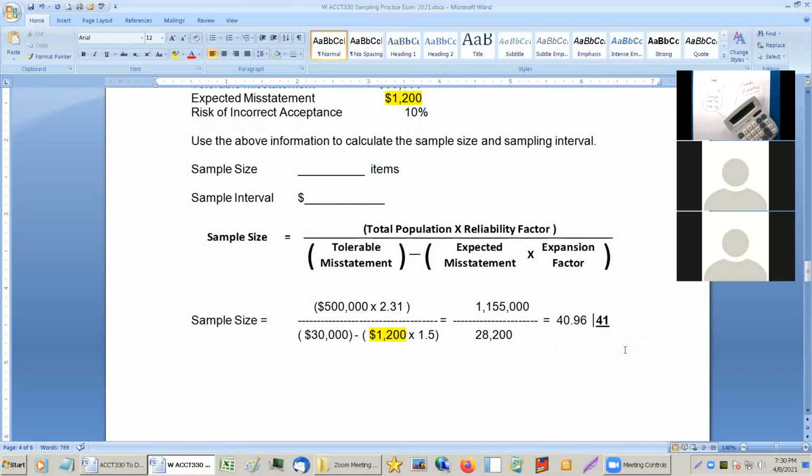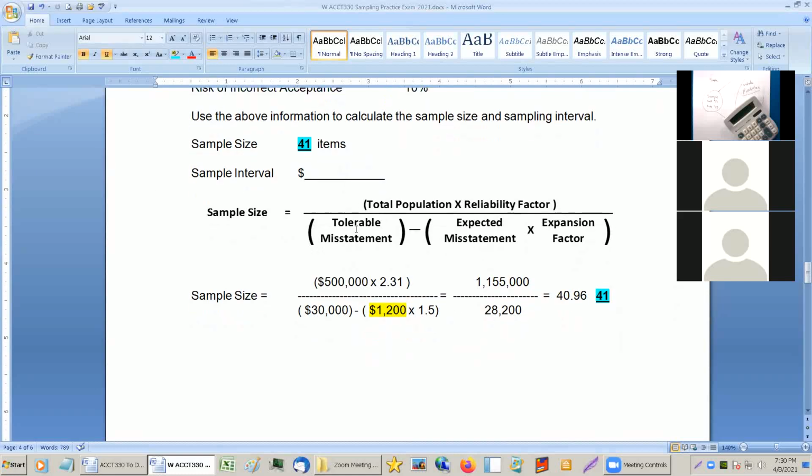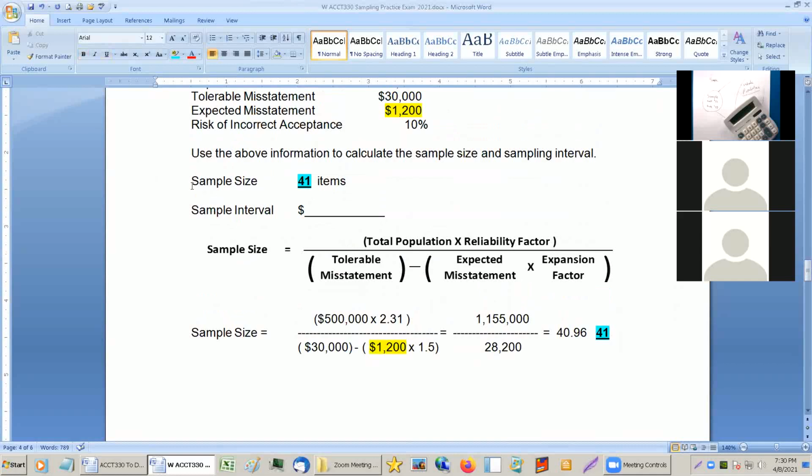I would say round it up, just because you don't have to go into court and say we rounded down and missed something. And you're only talking about one item anyway, so I would encourage you. Okay, so that's the sample size.